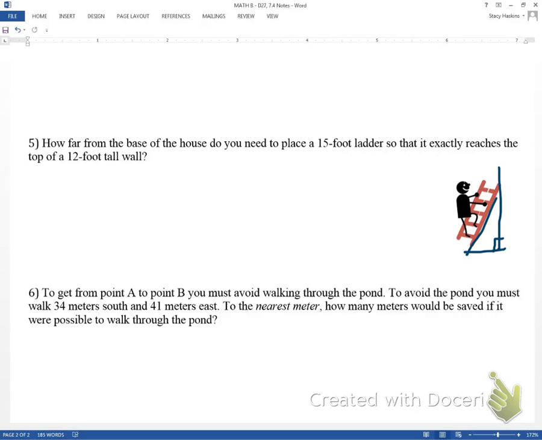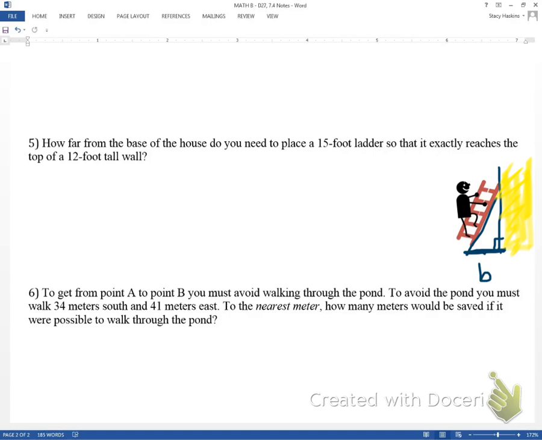So there's our right triangle. Do you see it? They want to know how far from the base of the house. So if this is our house, what they're wanting to know is this B value, the length from the side of the house to the bottom of the ladder.